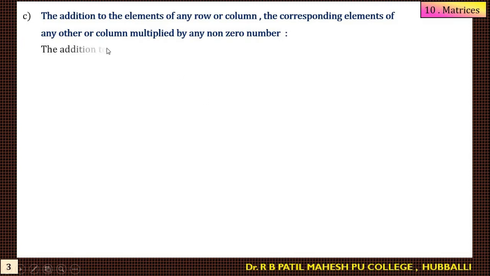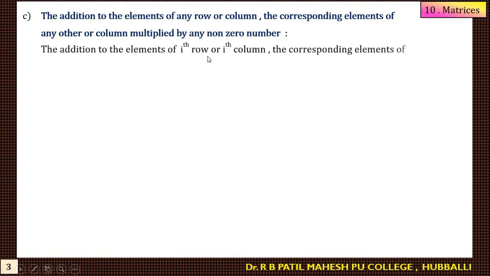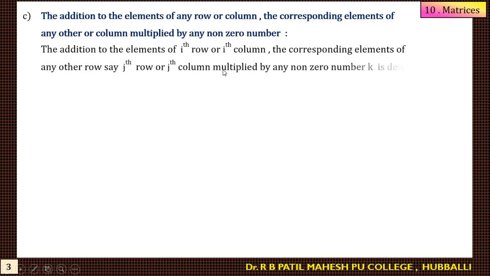Symbolically this is denoted as the addition to the elements of the ith row or ith column, the corresponding elements of any other row, say the jth row or jth column, multiplied by any non-zero number k, denoted by Ri changes to Ri plus k Rj. That means the ith row is changed: Ri elements plus k times Rj elements.